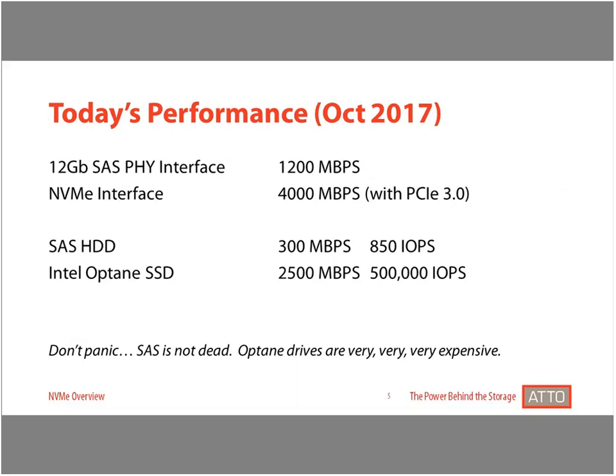When you look at the drives themselves, a SAS hard drive can hit about 300 megabytes per second or 850 IOs per second, where an Intel Optane SSD can go about 2,500 megabytes per second and almost 500,000 IOPS. So you can see the benefits of using NVMe drives versus SAS hard drives.